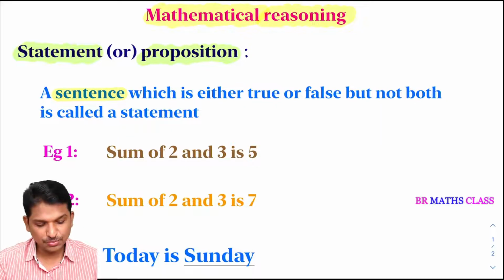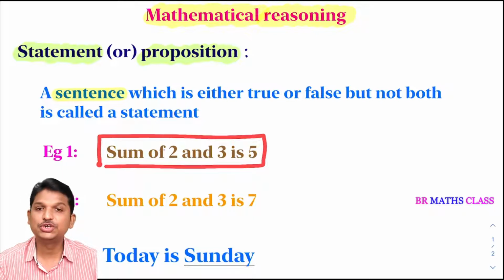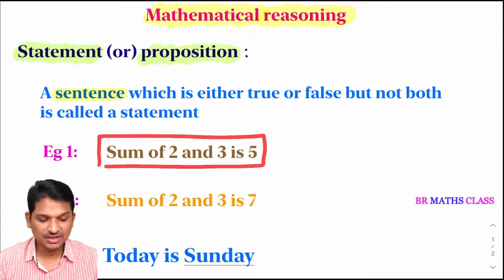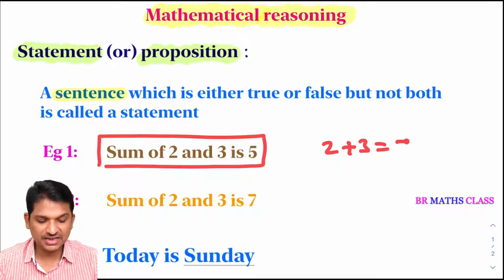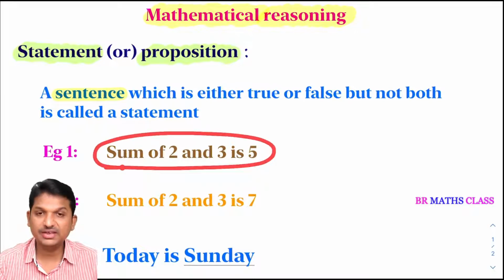For example, you observe this is a sentence. Sum of 2 and 3 is 5. That means they are saying that 2 plus 3 equals 5. Is it a sentence or not? Yes, it is a sentence. Now my question is, is this sentence true or false? Can you declare that? Yes, we can declare that it is clearly true.